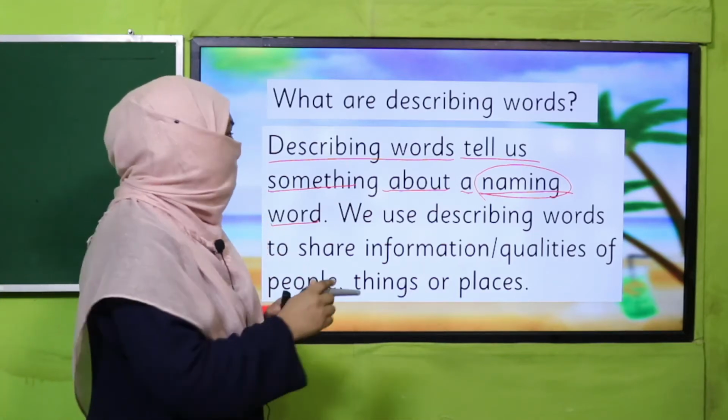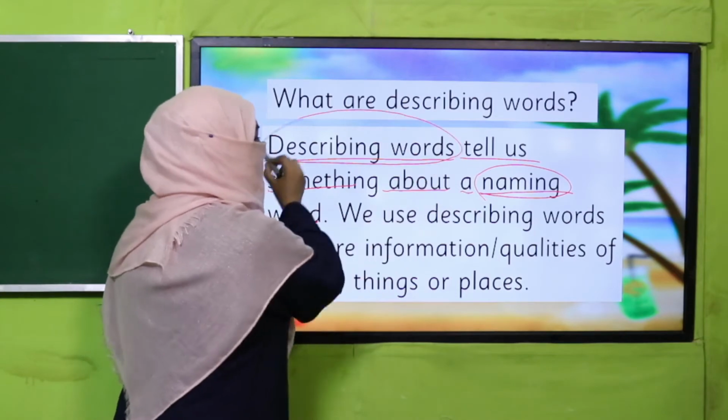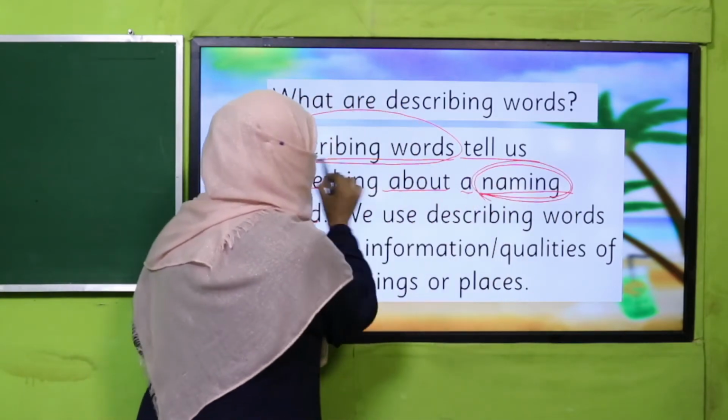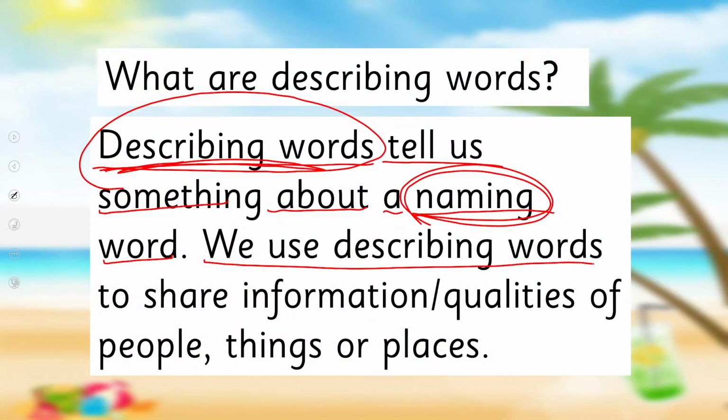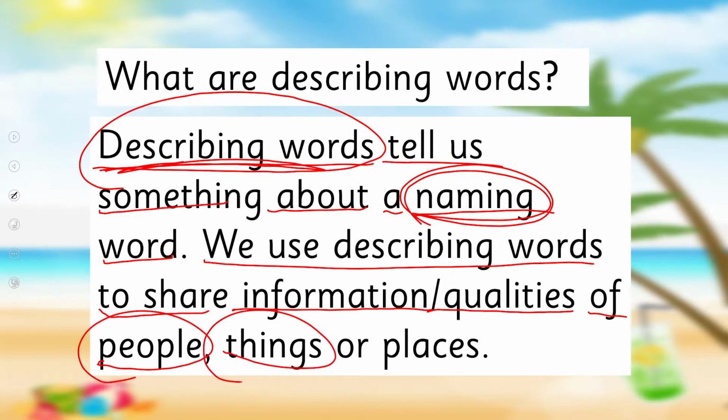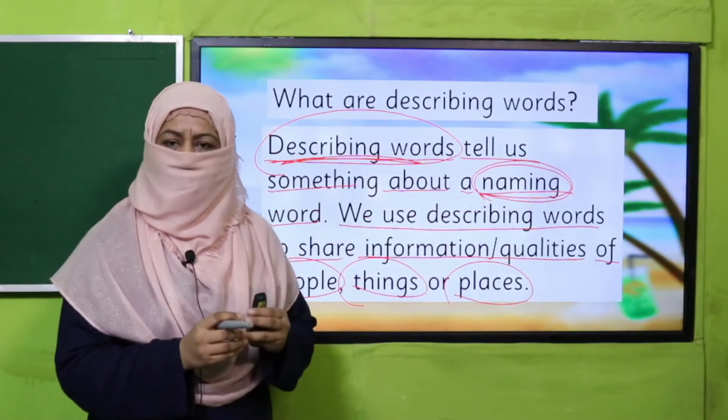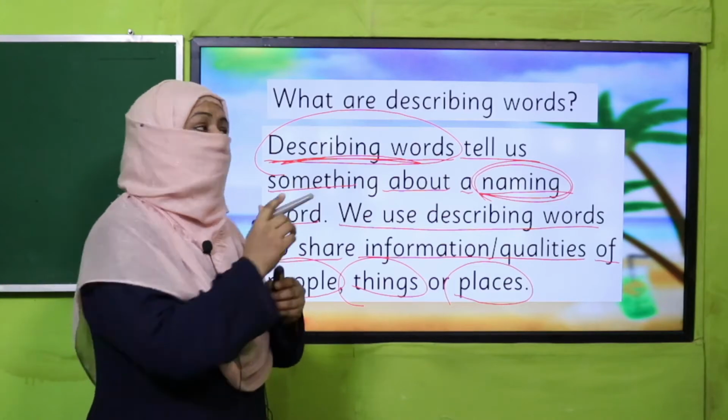So a word which tells more about that naming word is a describing word, right? And we use describing words to share information or quality of people, things, or places, right?